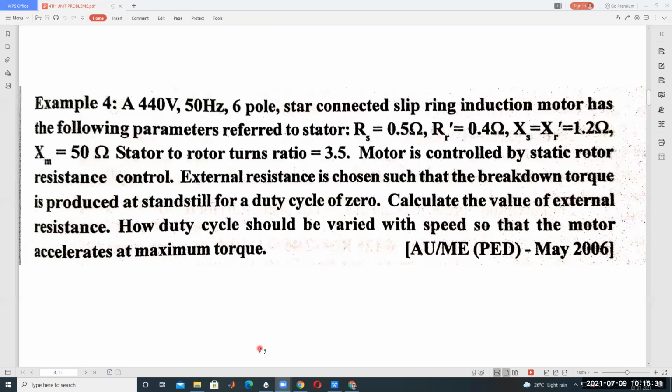Tell me what is the given data here? Okay, this one. So given that the voltage V is equal to 440 volts. Okay, and frequency 50 Hz.